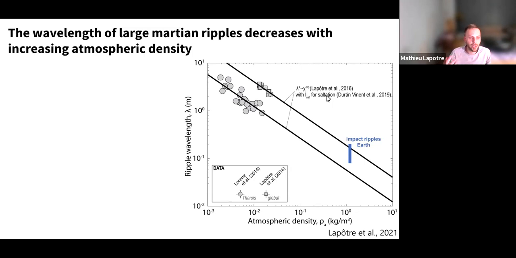Again, that same hydrodynamic theory that was developed for current ripples on Earth. Now, this is really cool because one can imagine that if those ripples get fossilized, turn into cross-stratification in sedimentary rocks, it may be possible to use those ripples as a proxy for paleoatmospheric density.